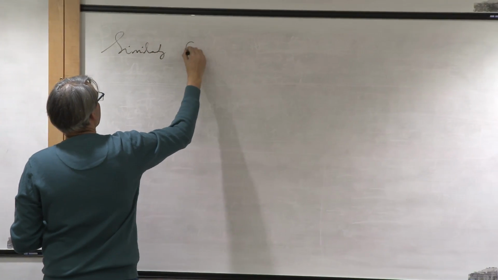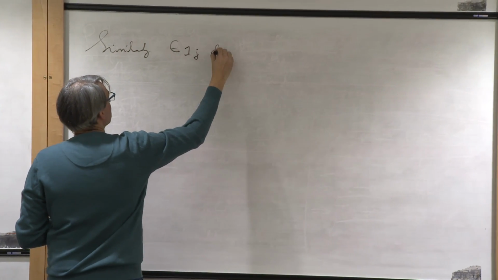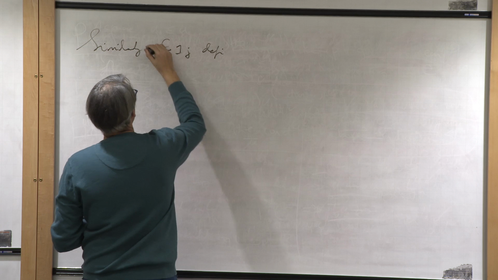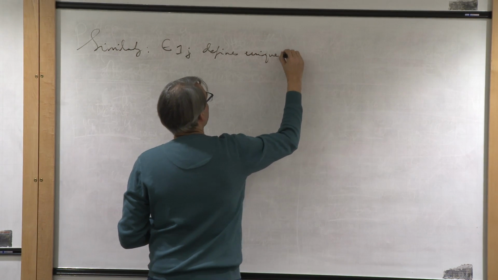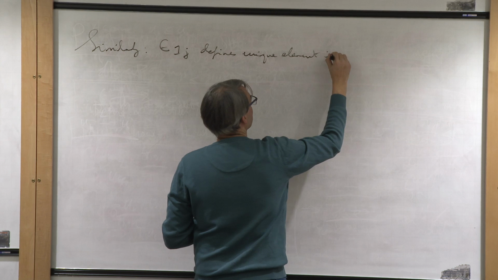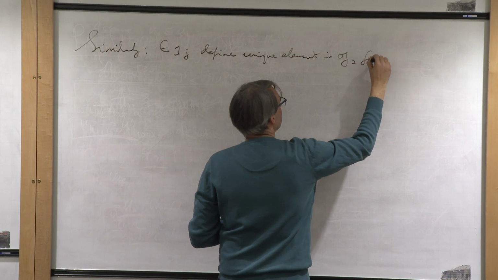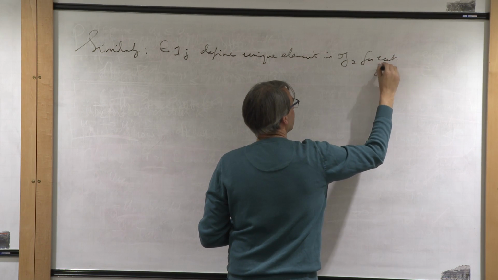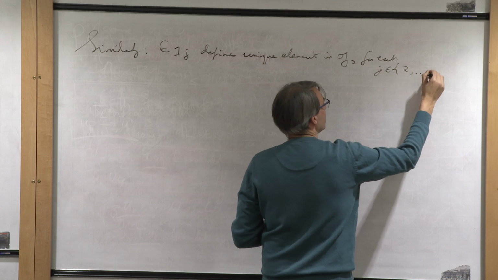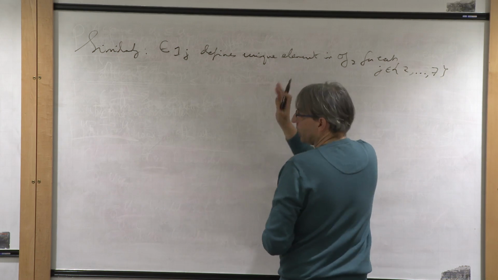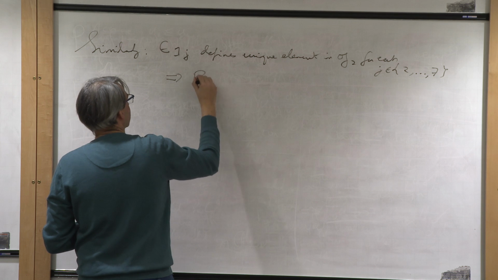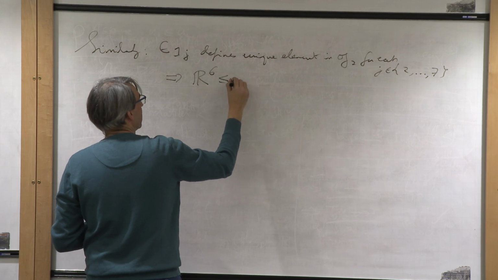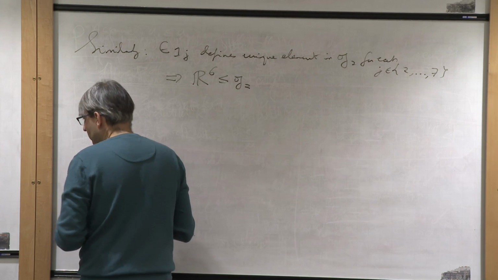So similarly, we get that E1j defines a unique element in G2 for each j, but which j's can I choose? I can only choose 2 up to 7 because E11 is 0. So I'm going to choose 2 up to 7, and this gives me an R6 subspace inside G2.